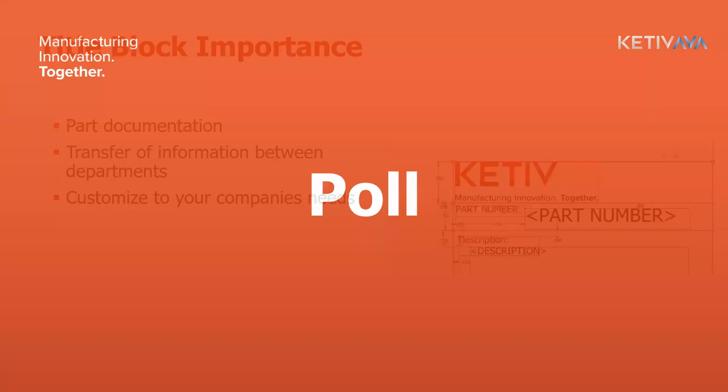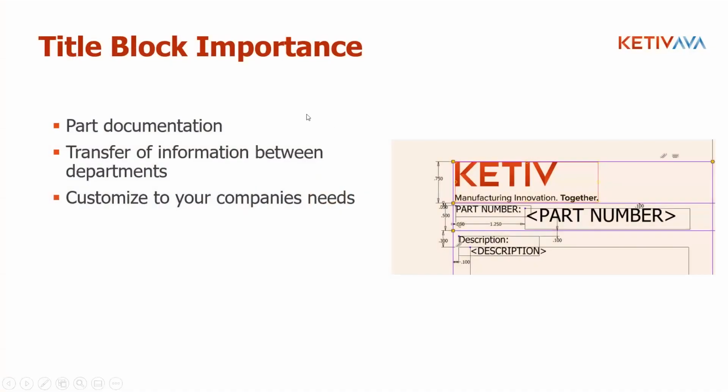Close that out. So what is the importance? It's part documentation. It's very important not only to create your parts and annotate them correctly, but moving them forward within the manufacturing process. It's very important to have clear information for your manufacturers or your customers, or just between other engineering departments.